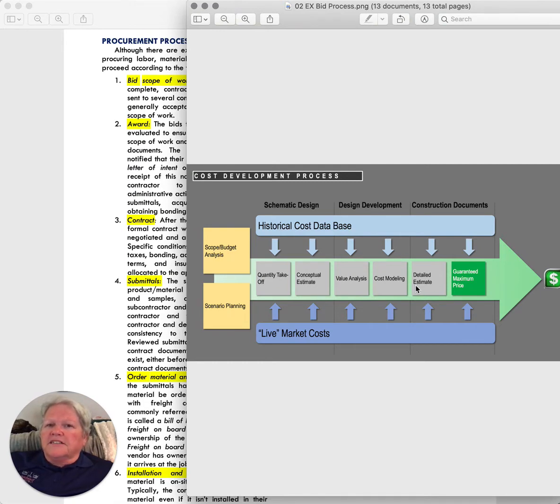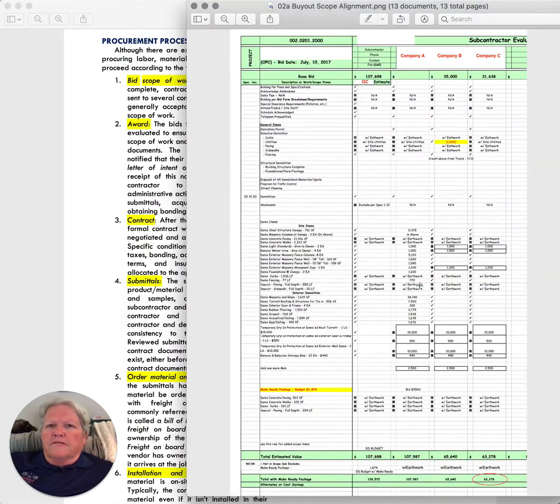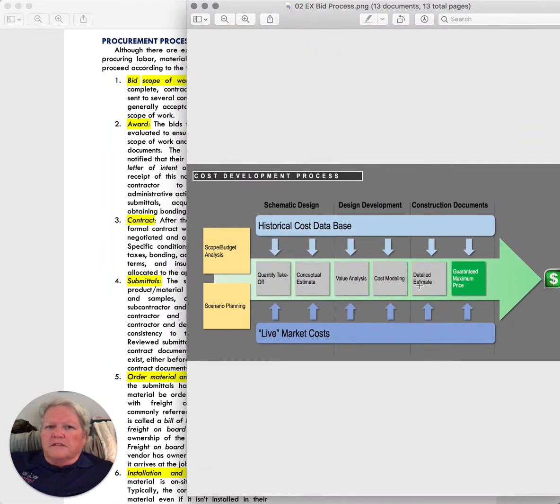The detailed estimate is basically per that scope sheet that I just showed you in the previous, let's see where to go. It's right here. So that would be considered a detailed estimate process.